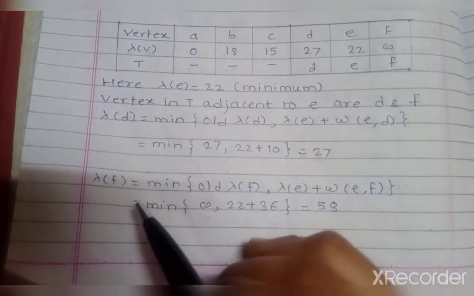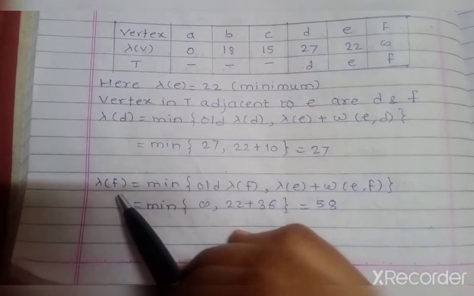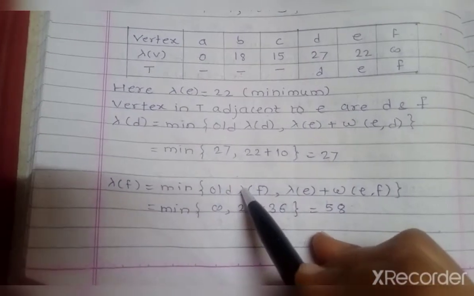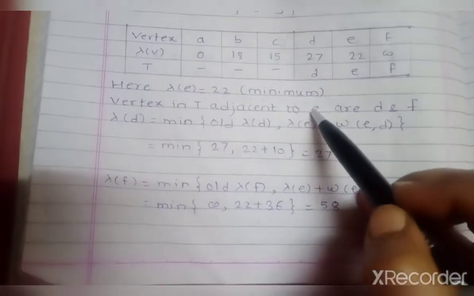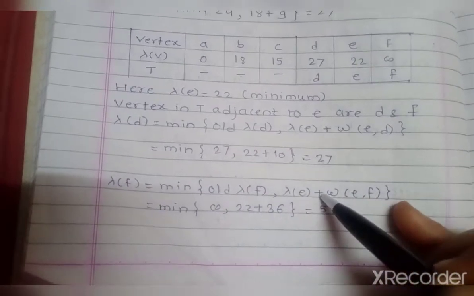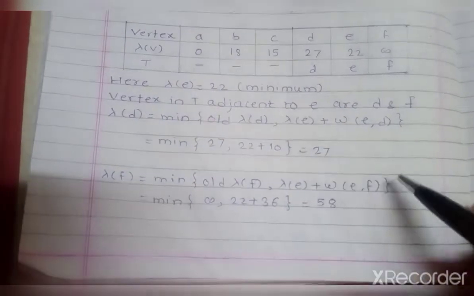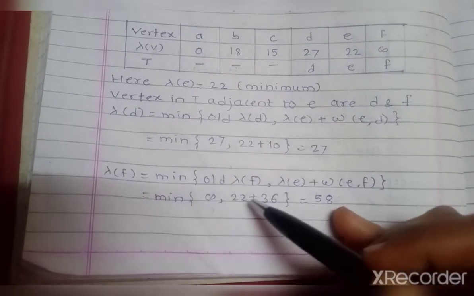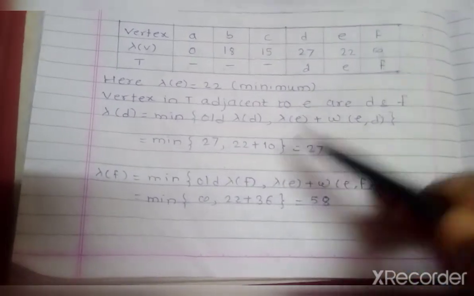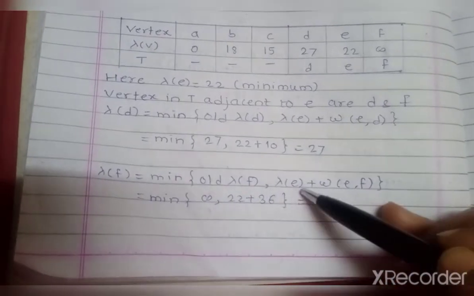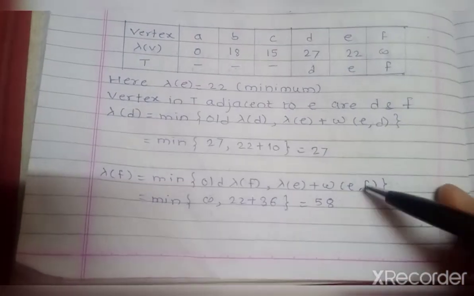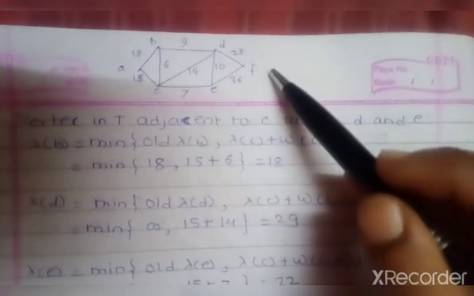In a similar manner we find the value of lambda of F. Lambda of F equals the minimum of old lambda of F, comma, lambda of E plus weight of E to F. This is the formula used to find lambda of F. Old lambda of F is infinity, so write infinity, comma, lambda of E is 22, so write 22 plus the weight of E to F, which is 36.